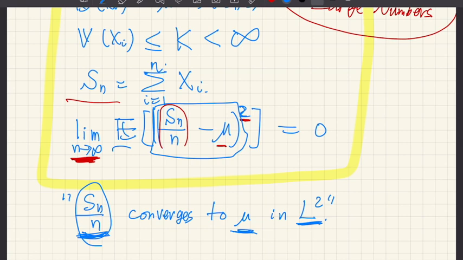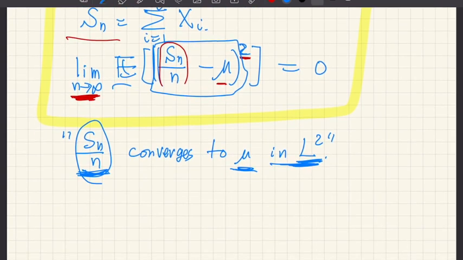In this case, in some sense means in L2. Why L? I cannot explain at this point, but maybe in the future you will learn in some more advanced probability or real analysis.